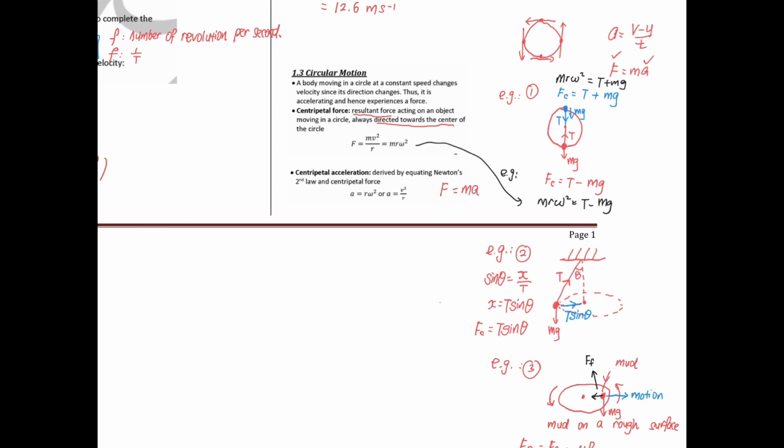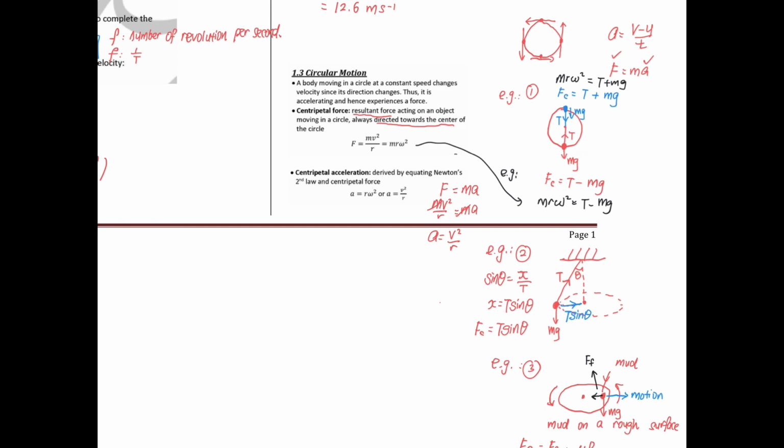So you will get mv squared over r equal to ma. You have the m on both sides, then you get a equal to v squared over r. So you get the formula of the centripetal acceleration.